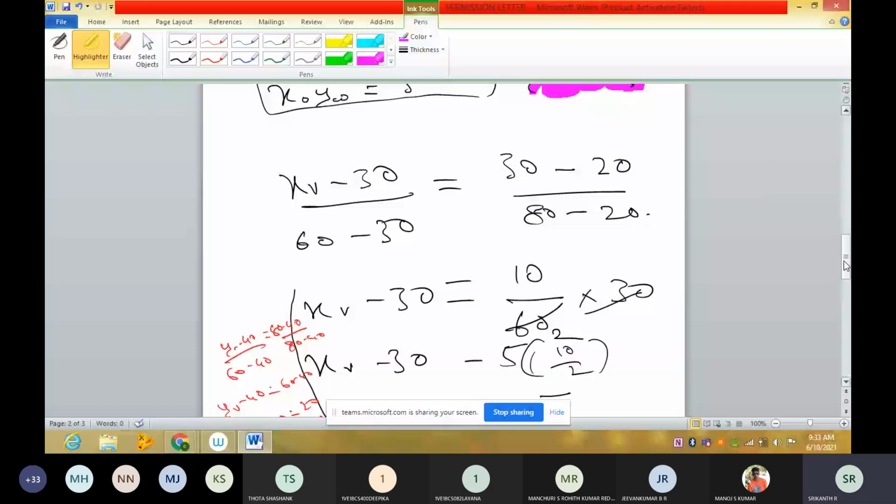That is xv minus 30 divided by 60 minus 30 is equal to 30 minus 20 divided by 80 minus 20, that is 10 by 60. The denominator goes to the other side and becomes the numerator. We can cancel 30 and 60, 30 twos are 60, so you will get the answer as 5. 5 comes from 10 by 2.